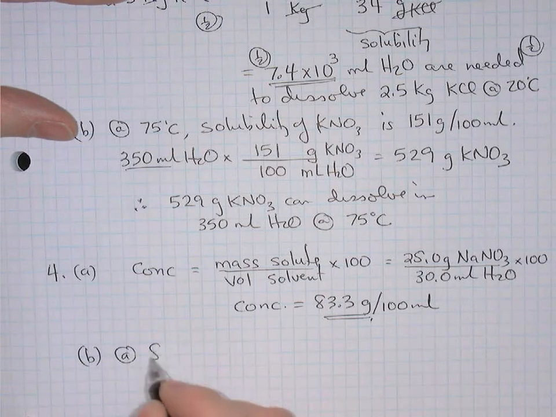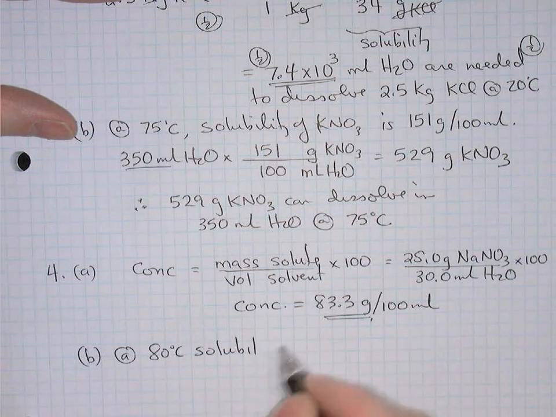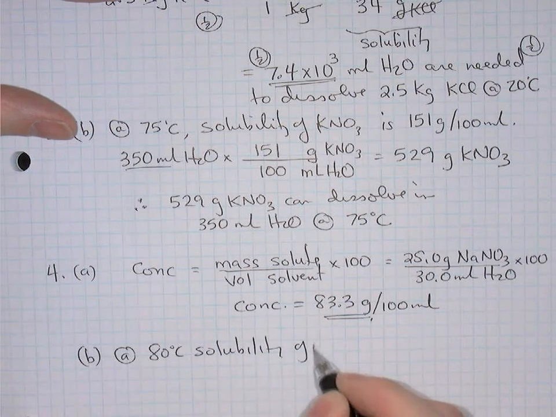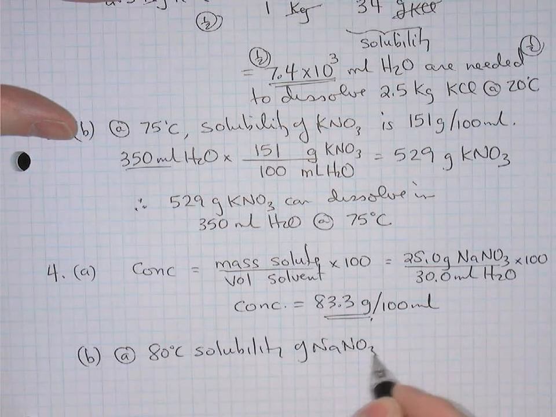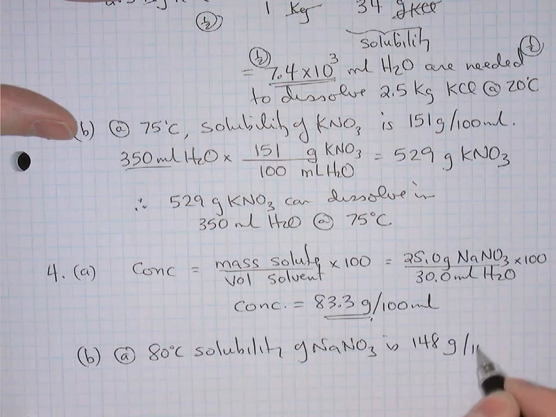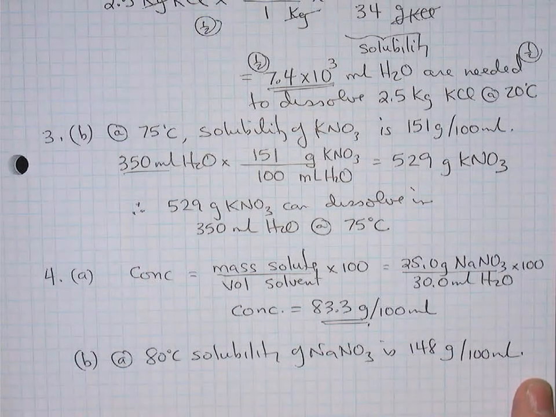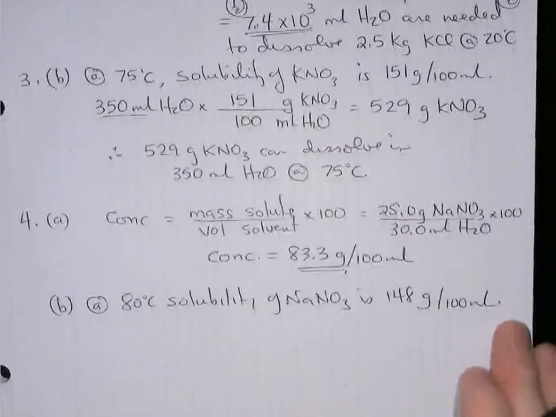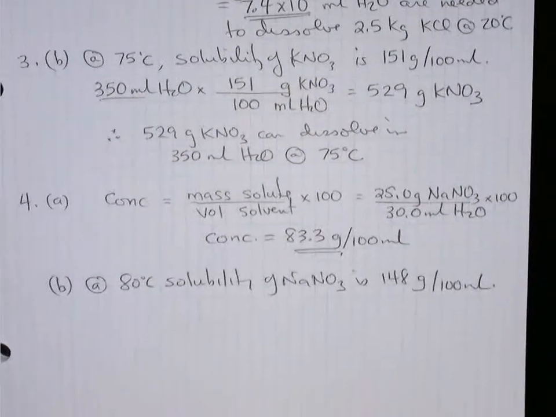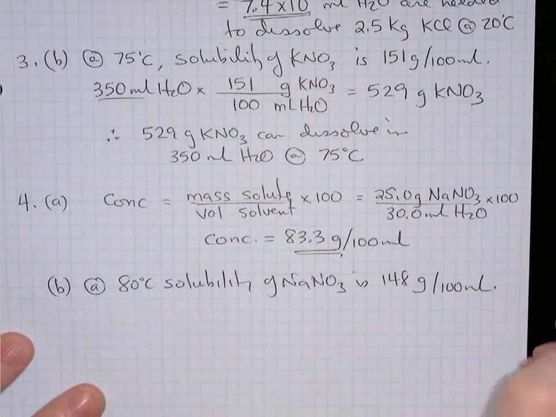So at 80 degrees Celsius, the solubility of sodium nitrate is 148 grams per 100 milliliters. Now there's 3 possible situations that you'll encounter. In this situation, we're finding that the concentration, 83.3, is less than our solubility.